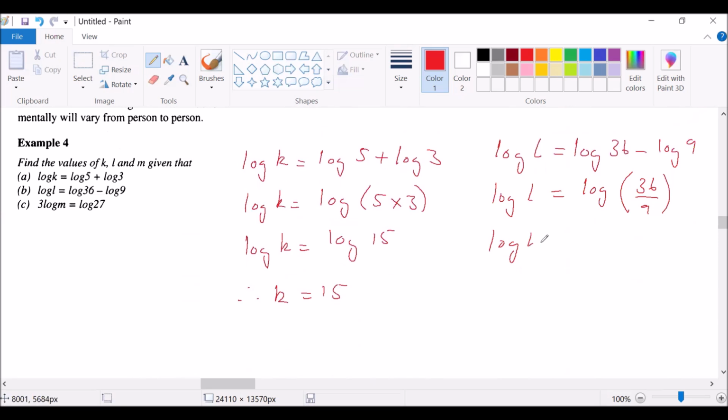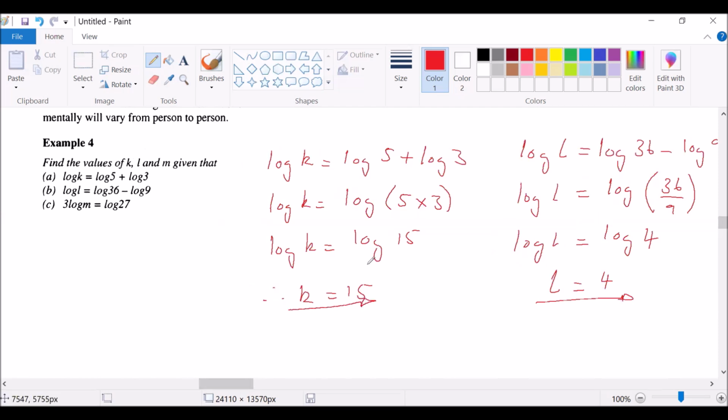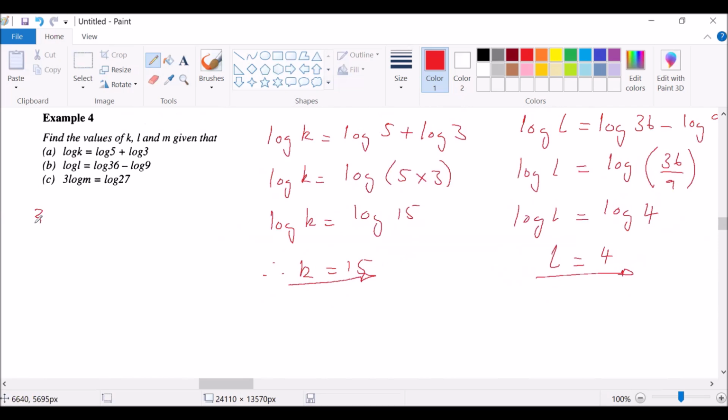Log L is equal to log 4. 36 divided by 9 is 4. So L is equal to 4. That is our answer.